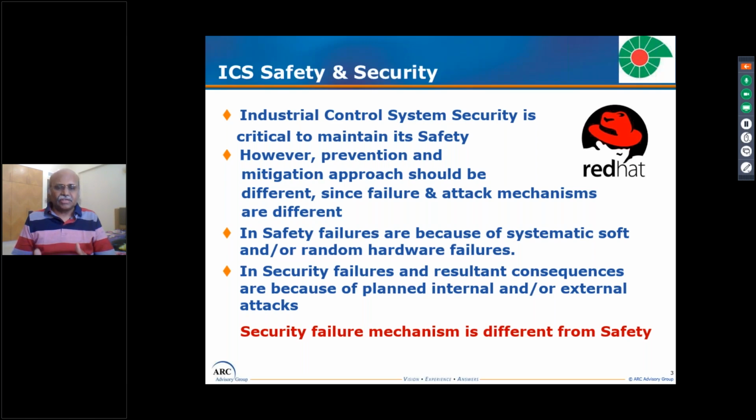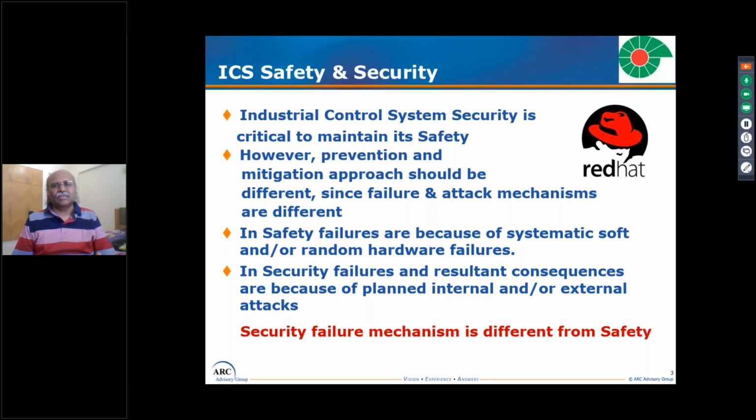when you compare with safety, the security prevention and mitigation approach should be different, since failure and attack mechanisms are different. When it comes to safety, it is simply random hardware failures which can fail dangerously and not perform the function, so we go for highly reliable or redundant devices in order to mitigate that.